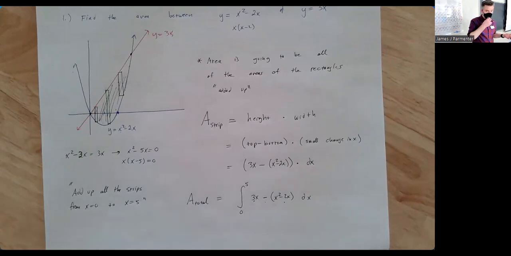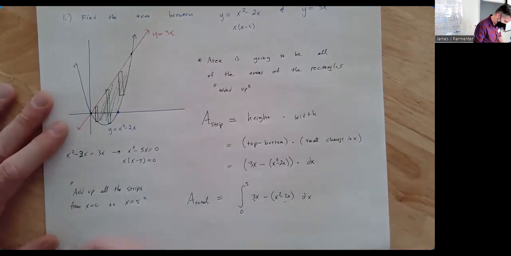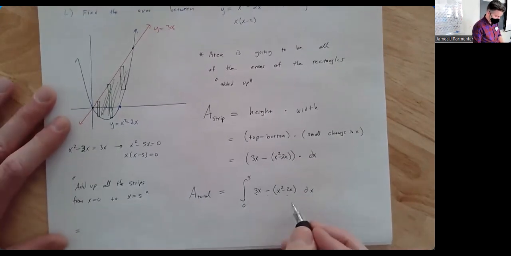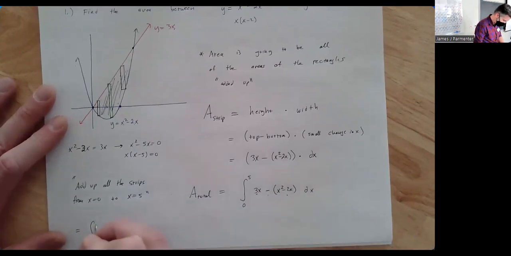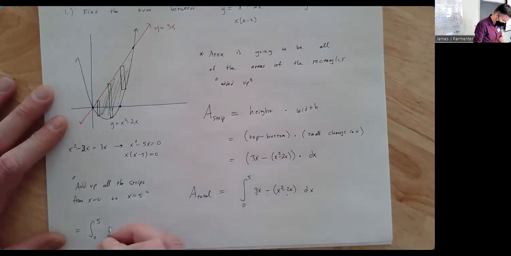After the setup, the rest of the process is usually not too terrible depending on what you've got. Here I should simplify my integrand. I'm going to write this as the integral from 0 to 5 of 3x minus x squared minus 2x, which is going to be 5x minus x squared.